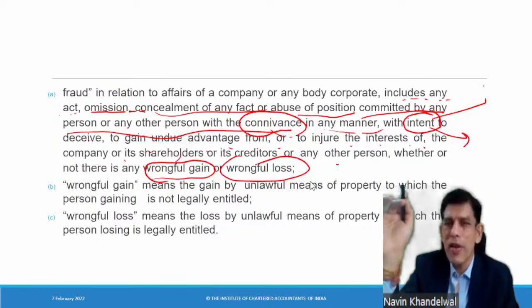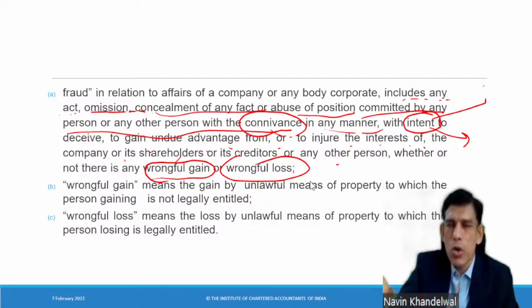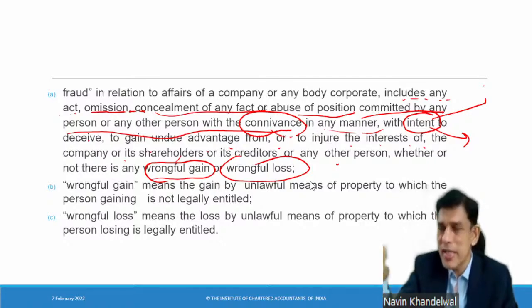A single one-off event, because of which there was a wrongful gain or wrongful loss, may not prove that there was an intent. But when things are happening continuously, simultaneously, over a period of time, repeatedly, in spite of knowing the facts, the document is showing that there is a loss happening to the company each year.